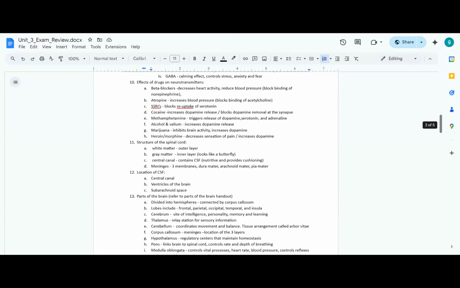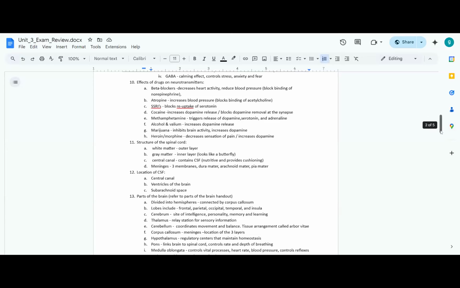Methamphetamine triggers the release of dopamine, serotonin, and adrenaline. Alcohol and Valium increase your dopamine release. Marijuana inhibits brain activity and increases dopamine release. So you see a lot of these are targeting this feel-good dopamine neurotransmitter. And heroin and morphine decrease the sensation of pain and also increase dopamine release.